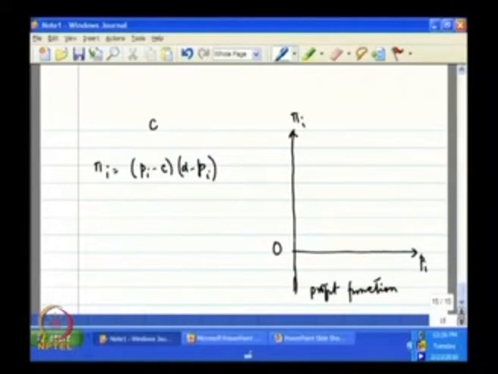Given that it has a negative intercept, at what points does this profit function intersect this horizontal axis, that is Pi? Pi I is 0 if Pi is either C, in which case the first term is 0, or if Pi is equal to alpha, in which case the second term is 0.